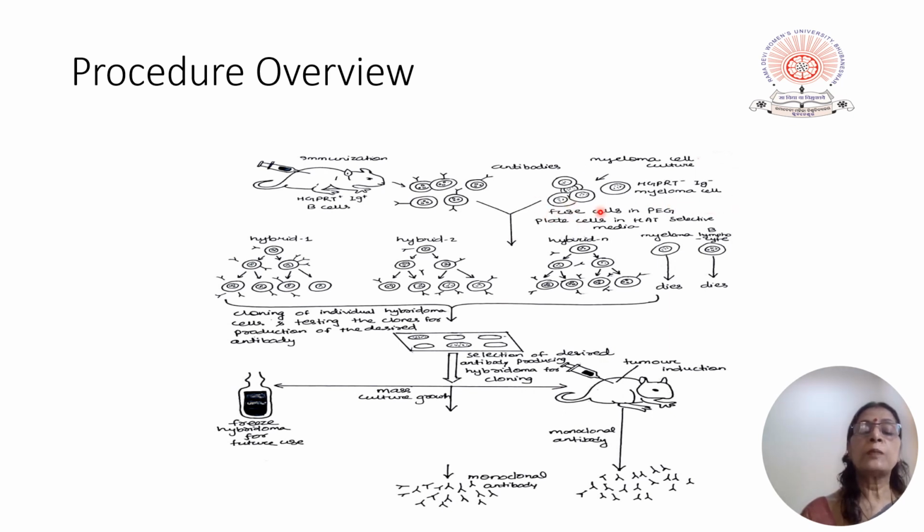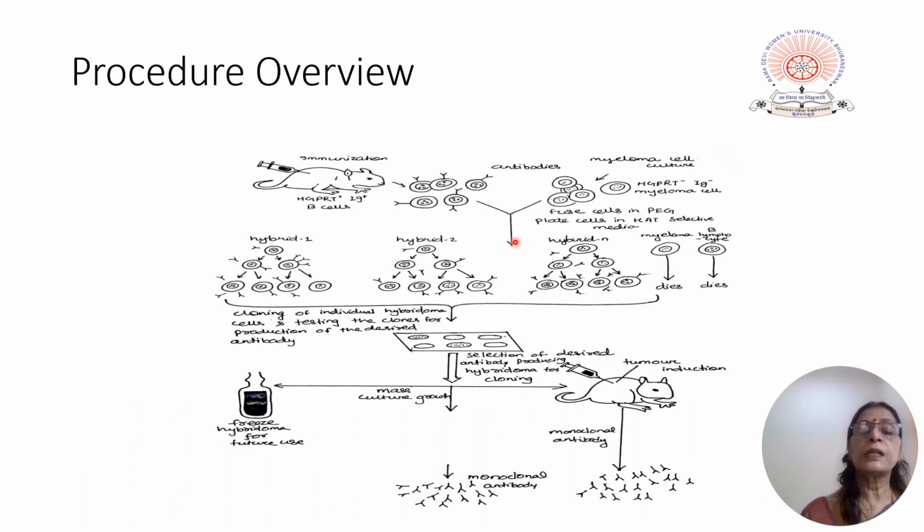So once myeloma cells and the plasma cells are obtained, they are fused in the presence of polyethylene glycol or by electrofusion. After fusion, there is a possibility of unfused B cells, plasma cells, unfused myeloma cells, and different types of hybrid cells.